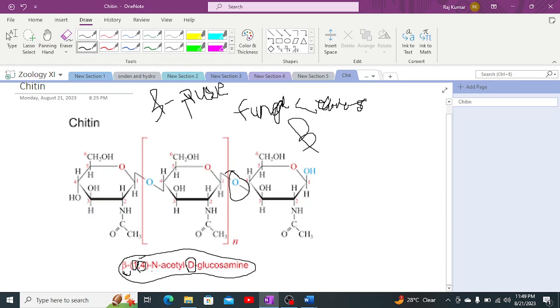But here, as we have an N-acetyl group on the second carbon, we call it beta 1,4 N-acetyl D-glucosamine. So ultimately, this is the linkage, which in simple words can be written as beta D 1,4 glycosidic linkage. After which, this is the N-acetyl group.